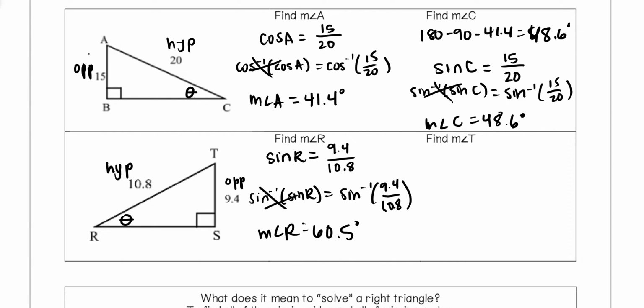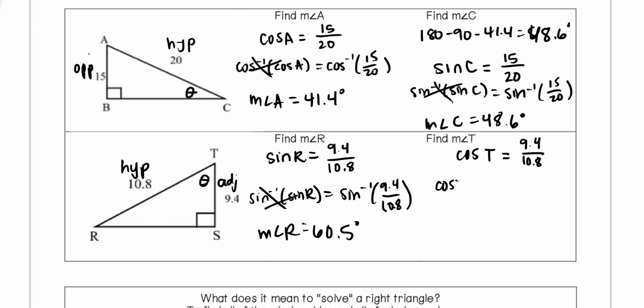To find the measure of angle t, we want to move theta. So our theta is now up here at angle t, which means the side next to it is now the adjacent side. That 9.4 is no longer opposite, it is now adjacent. 10.8 is still your hypotenuse. This means we're going to be using our cosine function for the angle t, and that will be your adjacent 9.4 over your hypotenuse 10.8.